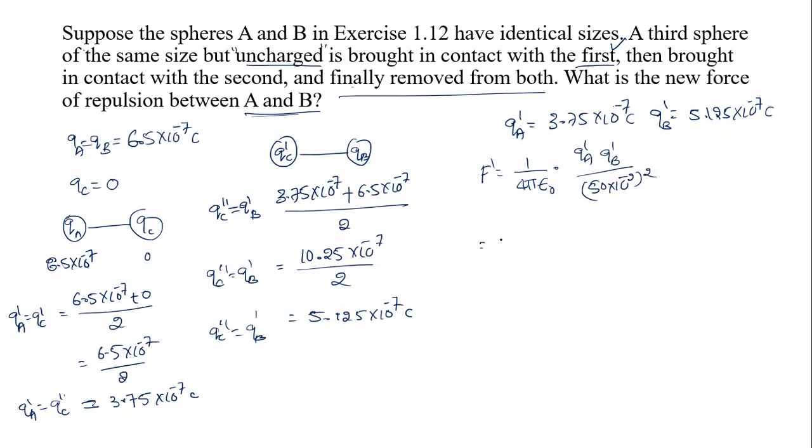It is 9 × 10^9 into 3.75 × 10^-7 into 5.125 × 10^-7 divided by (50 × 10^-2) squared. So that is the new force, and let me know, students, how much you get.